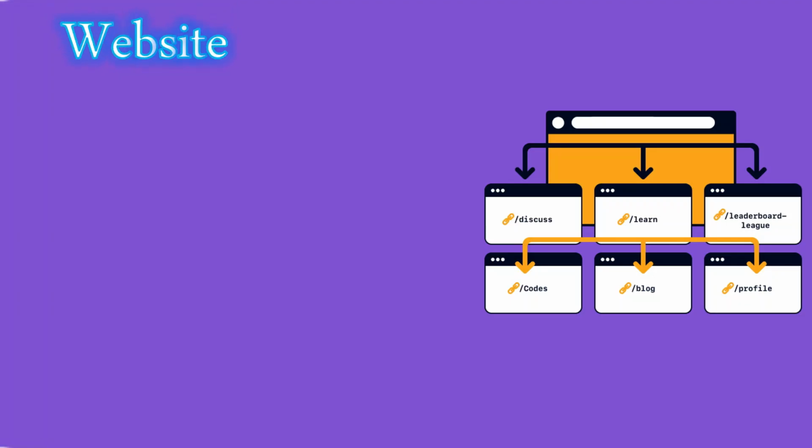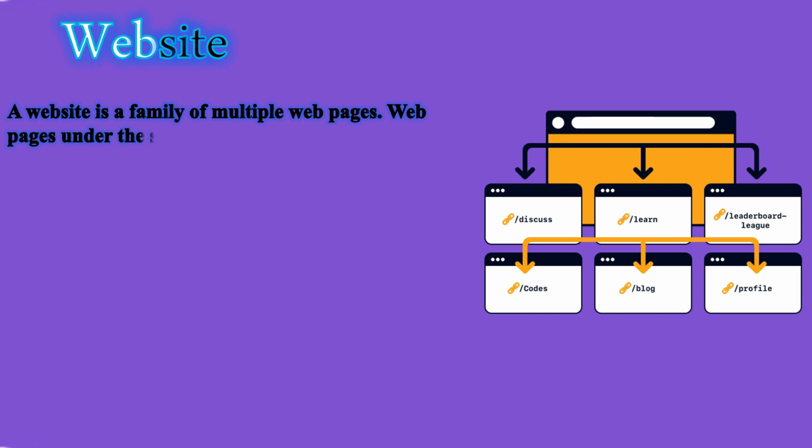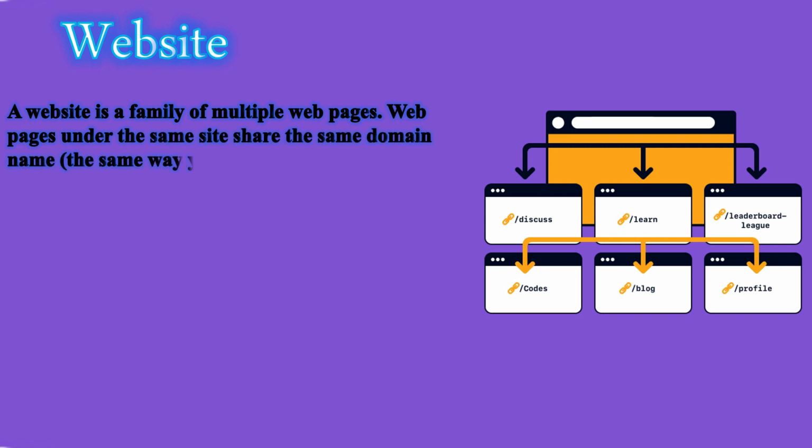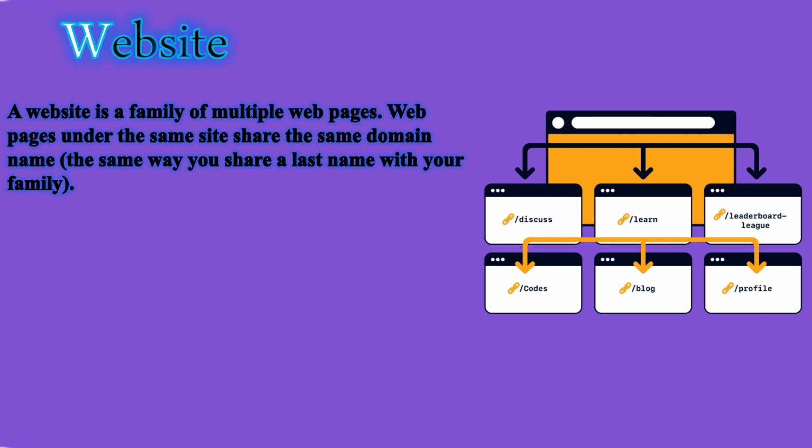So what is a website? What is the difference between a web page and a website? A website is a family of multiple web pages. Web pages under the same site share the same domain name, the same way you share a last name with your family. So basically we have lots of pages inside a category named website, and each page is named a web page.